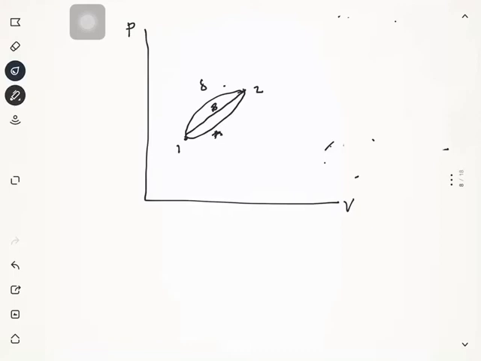Okay. So the area under the curve here, this is your area under the curve. This is the area under your curve, that is P dV.